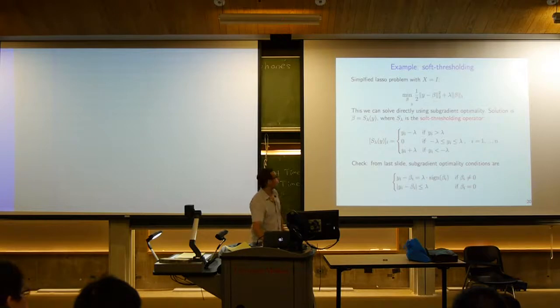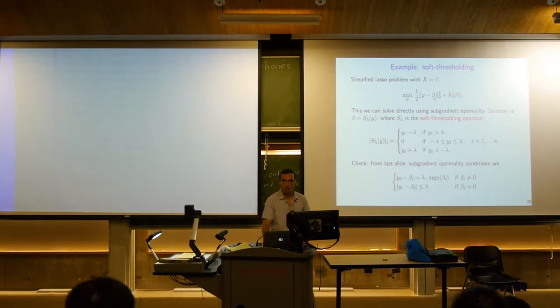Okay, so you give me a bunch of observations y. I want to find a vector beta that approximates y, but that's sparse. One way to do that is to solve the lasso problem when I think of the matrix of predictor variables as just the identity. I get just one parameter per observation.